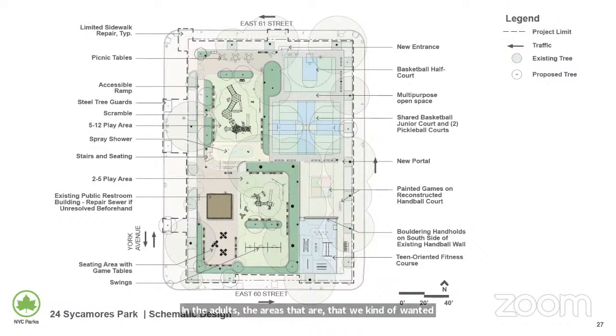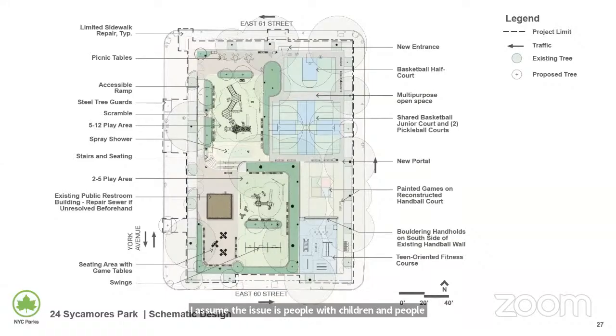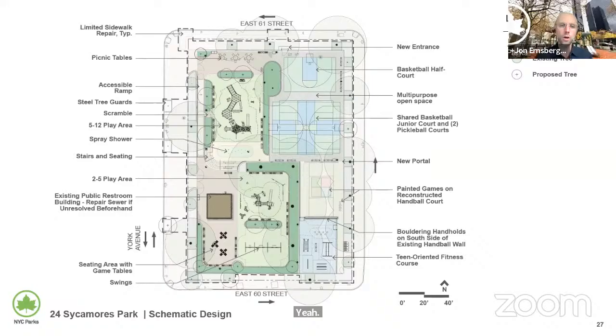I assume the issue is people with children and people without children, as opposed to age. So the area that would be for people without children can be all ages. You mentioned seniors, but I just want to make sure. Well, I mentioned seniors because at our input meeting, there was a request for at least some small part where you could read quietly, at least at certain times of day, so that's one reason it was included.